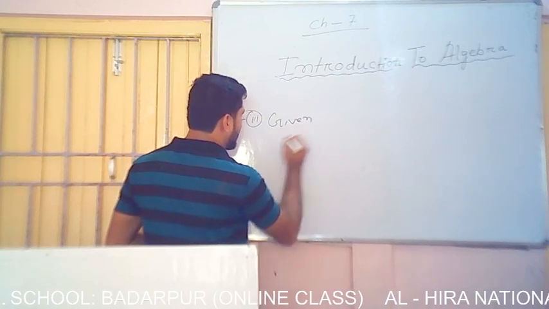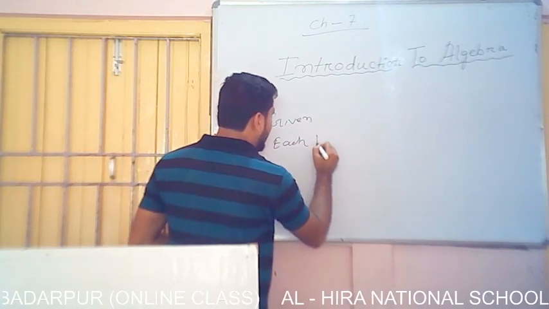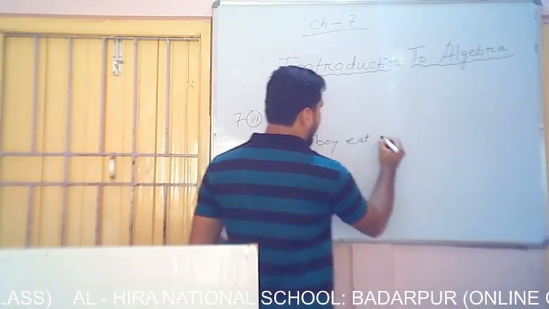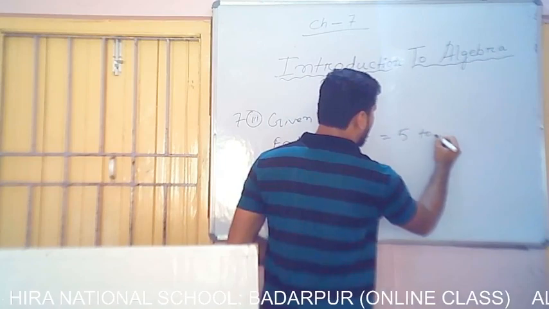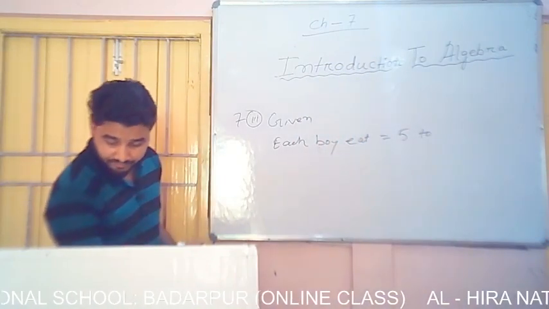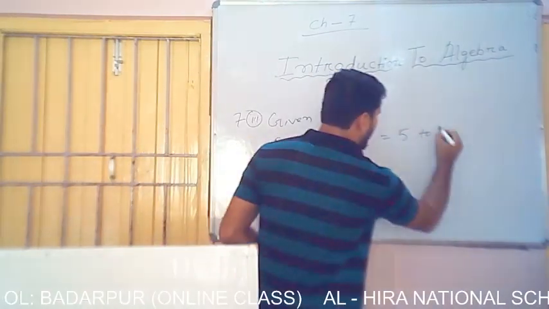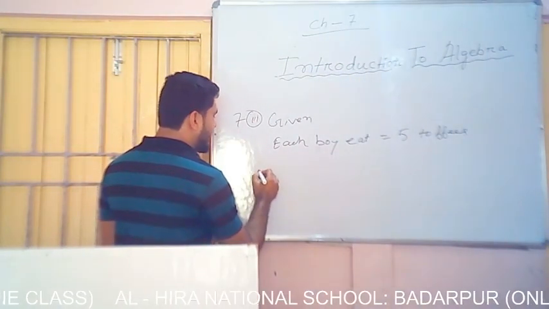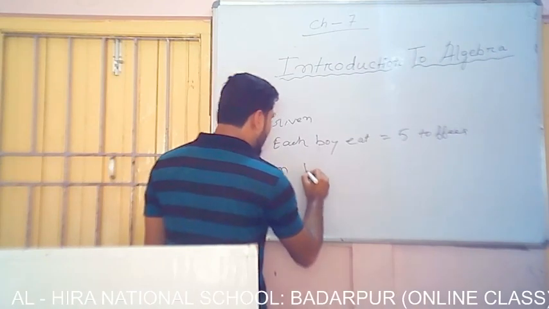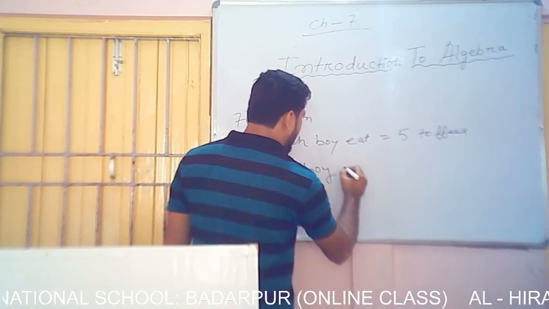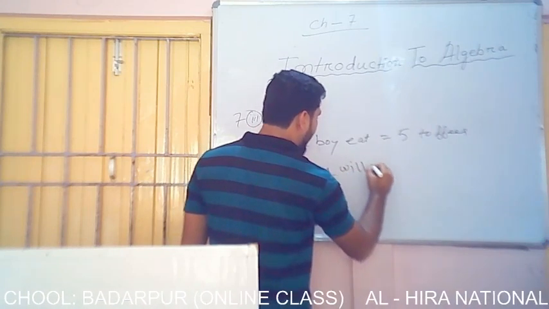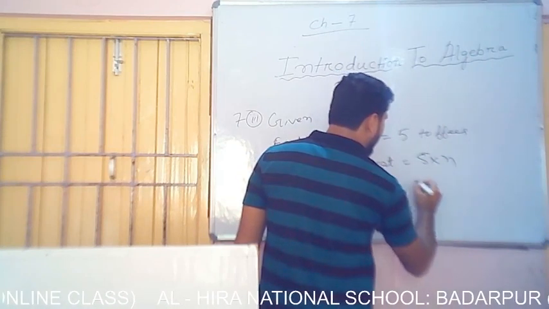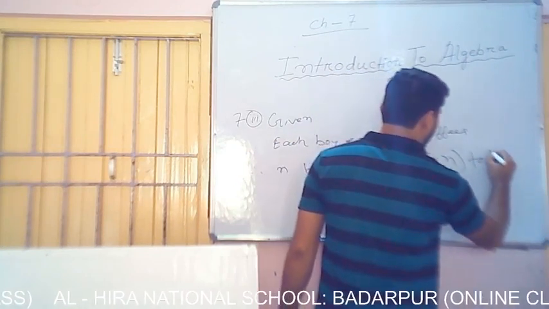Given each boy eats 5 toffees. Therefore, n boys will eat 5 into n toffees.